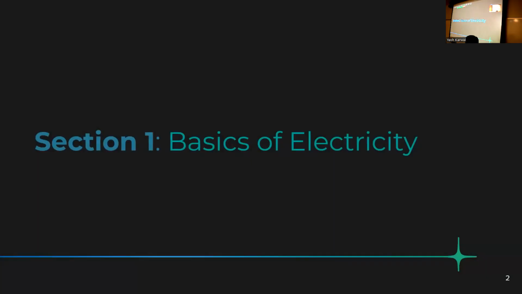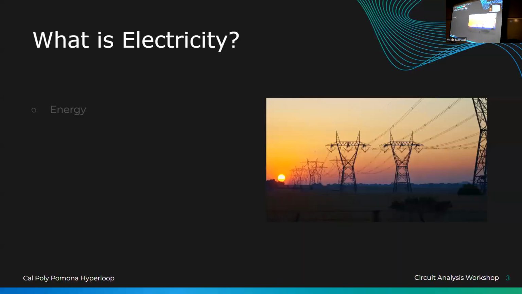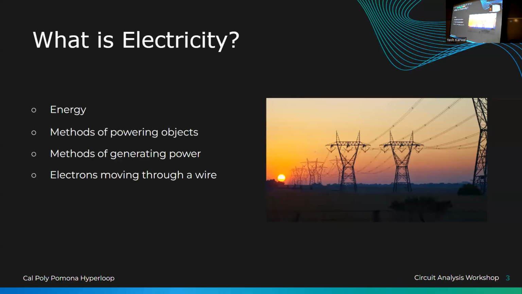Go. Okay, the basics of electricity. What is electricity? Electricity is a form of energy, and there are two types: static electricity and dynamic electricity. Static electricity is non-moving.